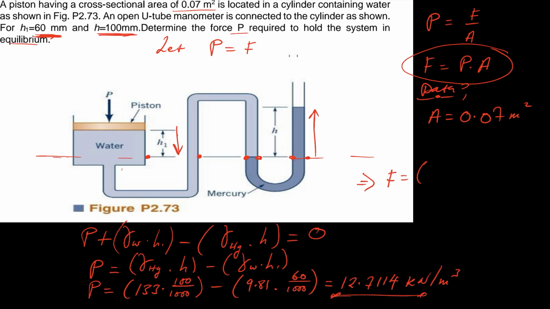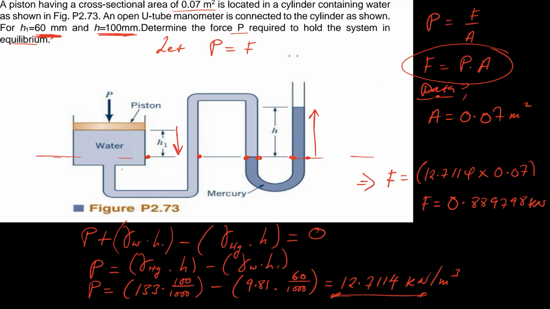So the pressure is 12.7114 times the area, which is 0.07, and if you just multiply it, you'll be having 0.889798 kilonewtons, and this will be your answer provided that you even round it off.